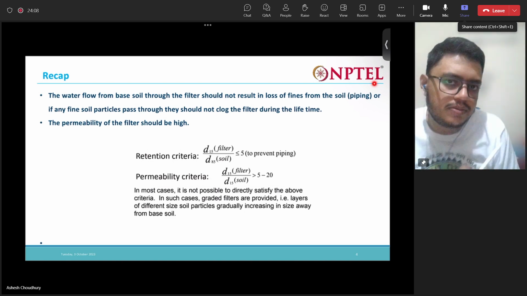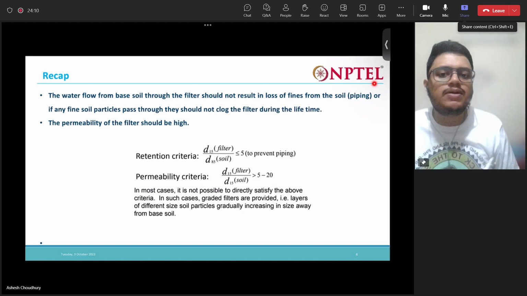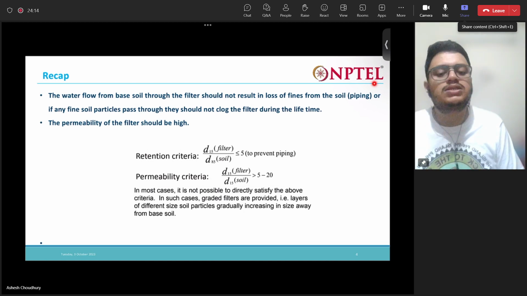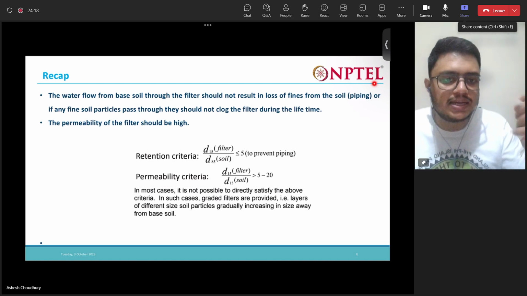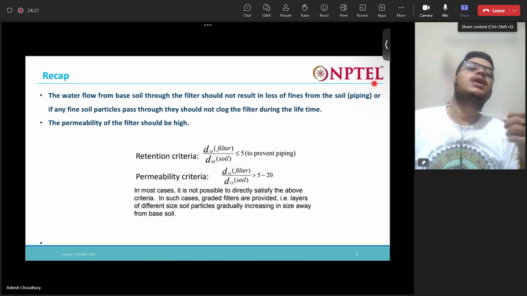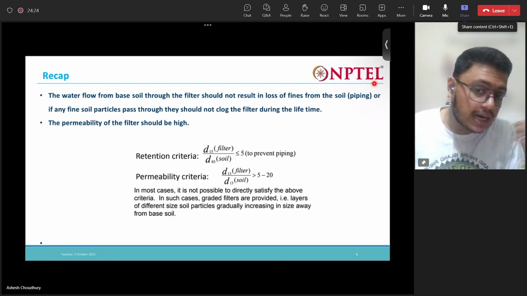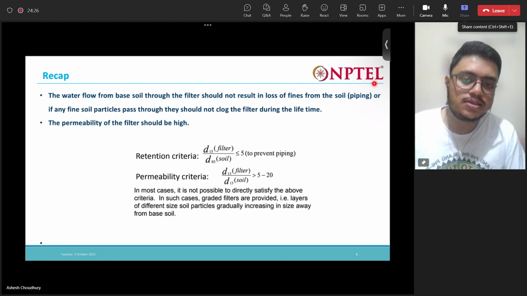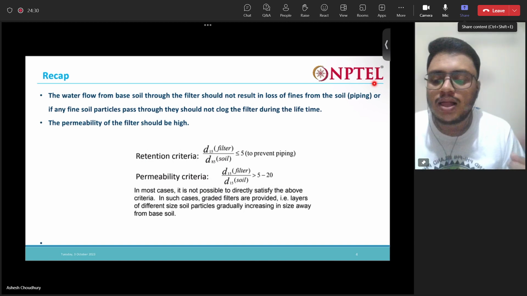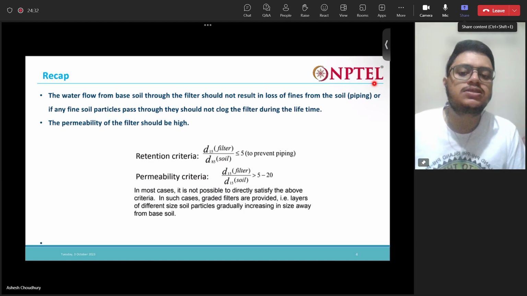So what happens generally if the filter is not properly designed? Fine soil particles start passing through the filter and getting lost.